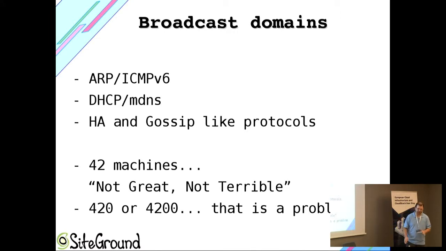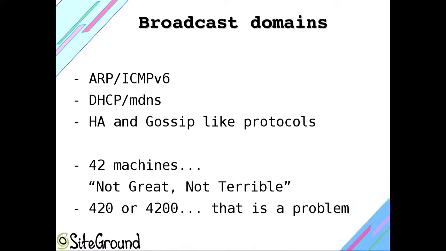So we start with the broadcast domains. A lot of the protocols that we are currently using are using broadcasts or multicast. So ARP, IPv6, ICMP, DHCP, multicast DNS, and if you have high availability systems, they're the worst because they try to communicate at a very rapid pace, which means that within a single second you may send 10 or 100 packets just to make sure that 1 or 2 or 10 machines are currently working.